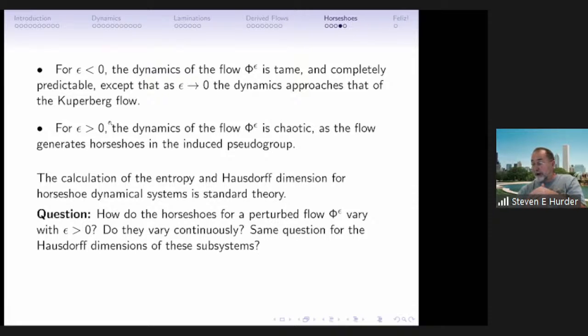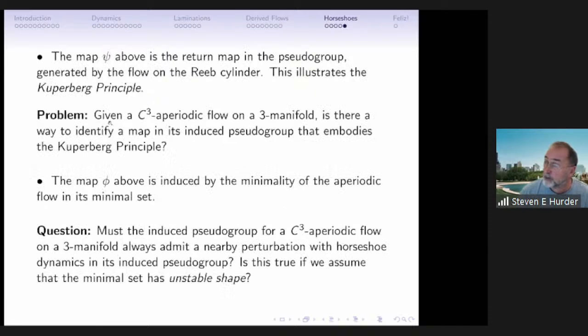Now, in the paper with Greg and Christina, he actually works with polynomial equations. So in that case, you could probably do it. You could perturb the polynomials, and if you had enough computer time, get calculations. But when you see this, you somehow wonder, and this is why I like to call it a principle: if the flow is aperiodic and therefore has to have a translation, can you find it?